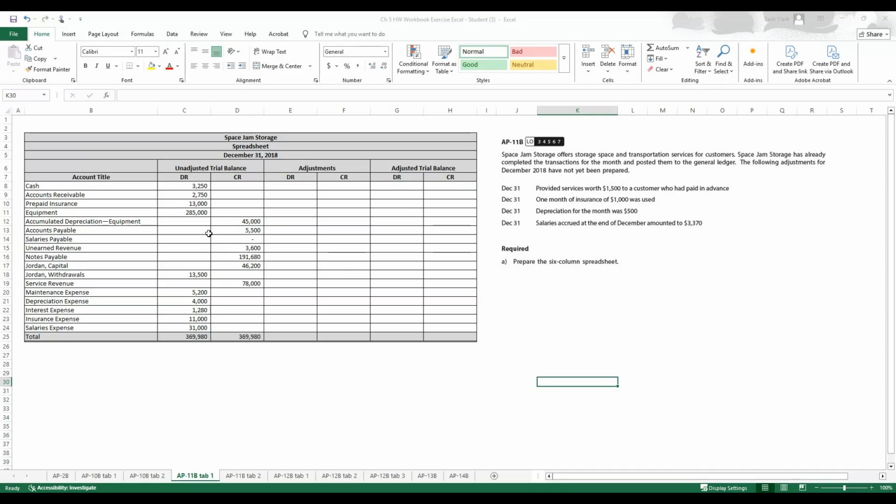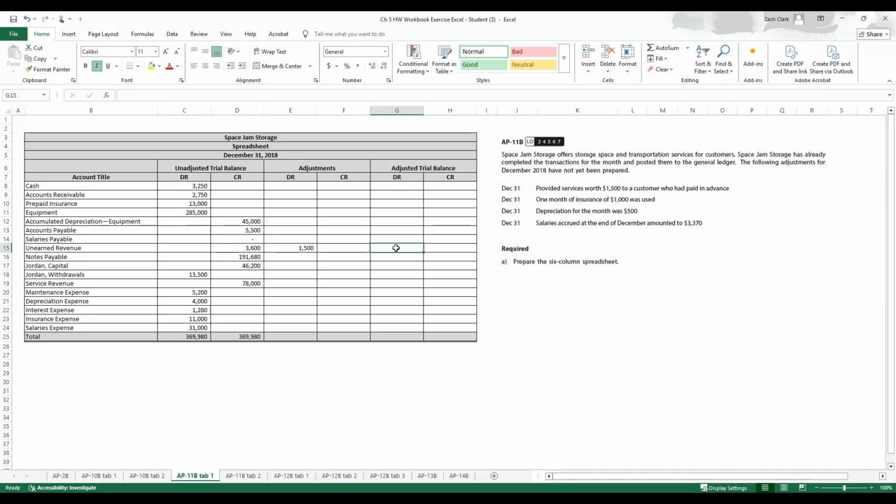So let's get started. Our first transaction for our adjusting entry is that we provided services worth $1,500 to a customer who had paid in advance. If you remember, when a customer pays in advance, that's an increase to unearned revenue. So we should have an unearned revenue account. Yep, here it is. We originally had $3,600 as a credit balance.